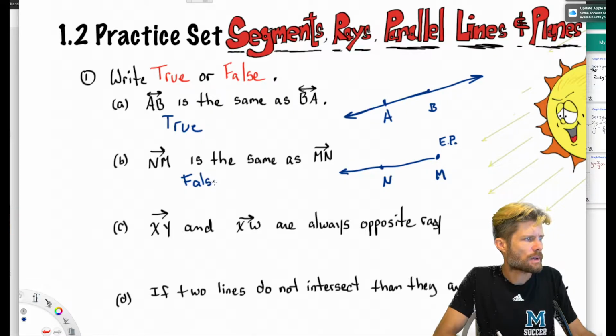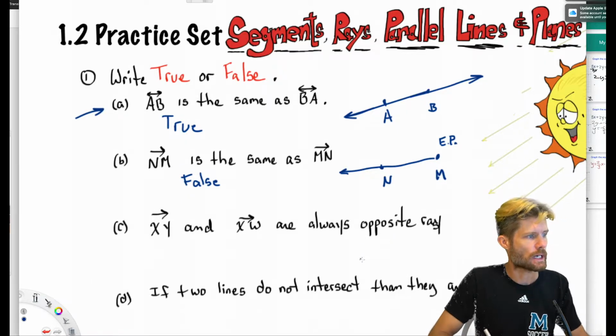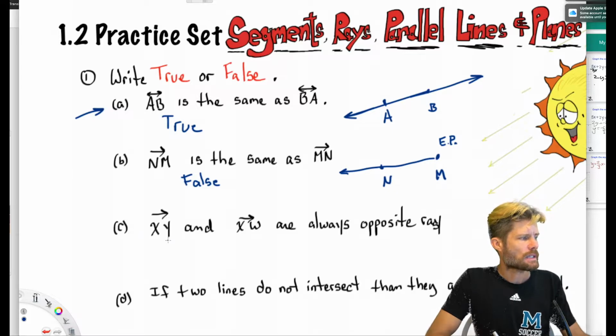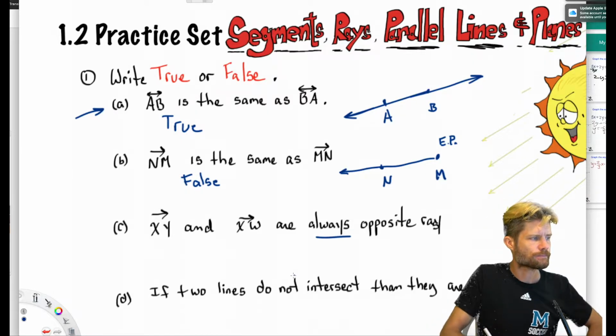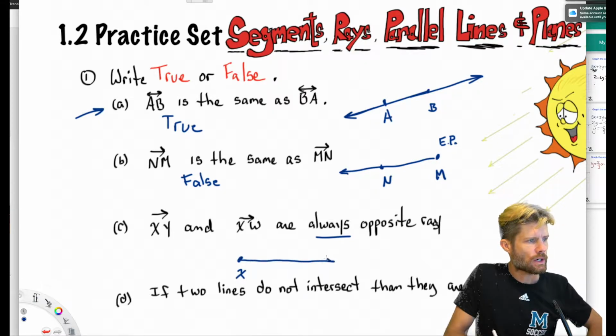So it doesn't matter the way we write a line in part A, but it does matter the way we write a ray. Okay, C, ray XY and ray XW are always opposite rays. Well, they both have the same endpoint. They could be opposite rays. That means they go in opposite directions.